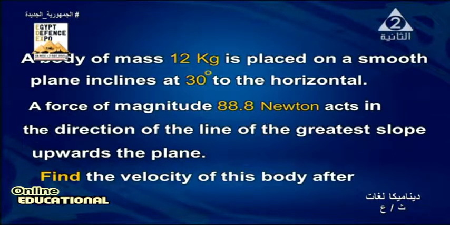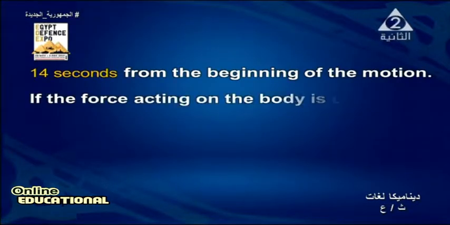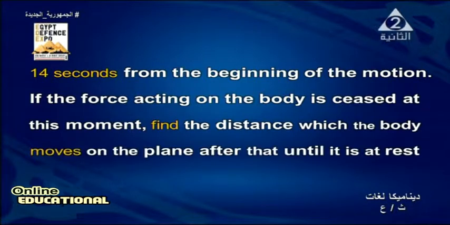Find the velocity of this body after 14 seconds from the beginning of the motion. And if the force acting on the body ceases at this moment, find the distance which the body moves on the plane after that until it is at rest.